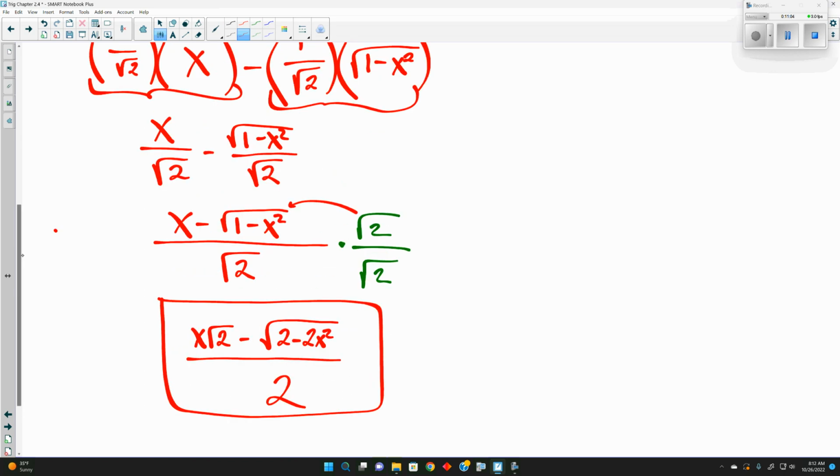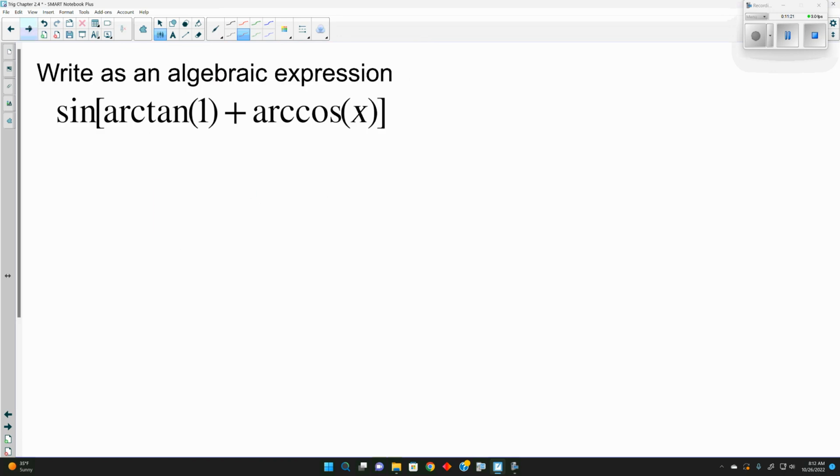We could have saved this step with multiplying by the square root of 2 over the square root of 2. If instead of plugging in 1 over the square root of 2, we'd plugged in square root of 2 over 2. Might have saved us a little bit there, but that's about it. Questions on any of this here? Yep.